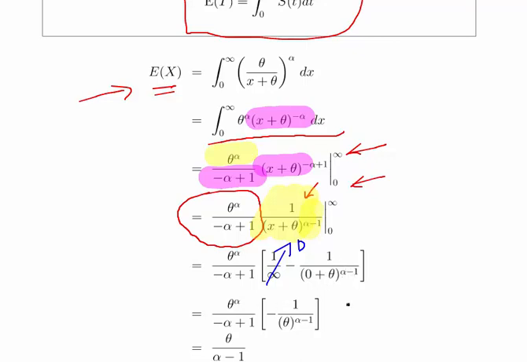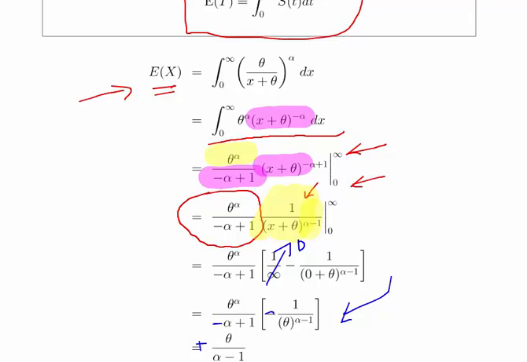That is that expression there, and you can see this is starting to progress very quickly. We have a minus sign there and a minus sign there. That becomes a plus. On the numerator we have theta to the power of alpha, and on the denominator we have theta to the power of alpha minus 1.